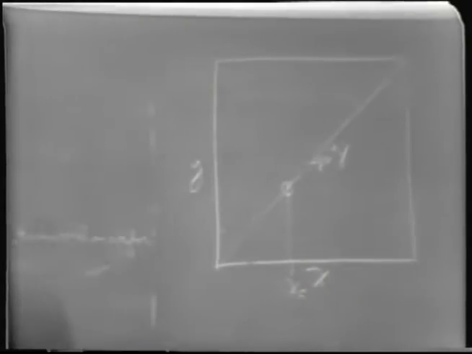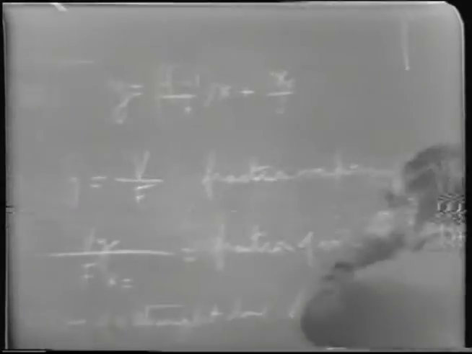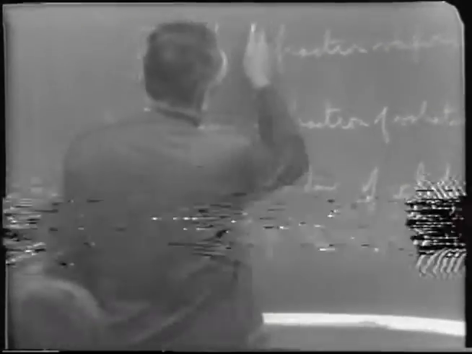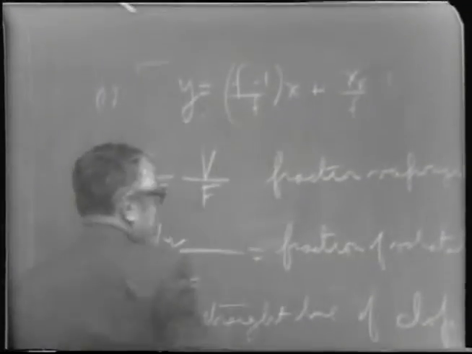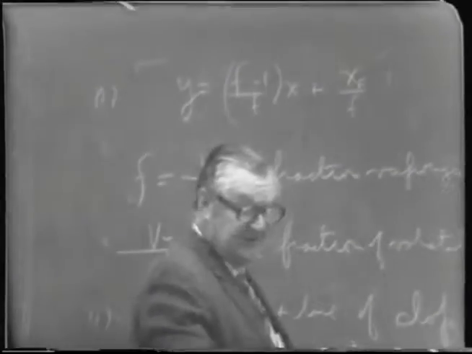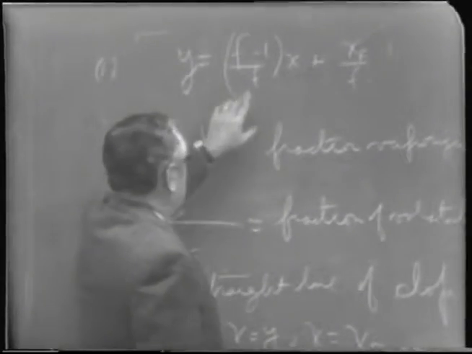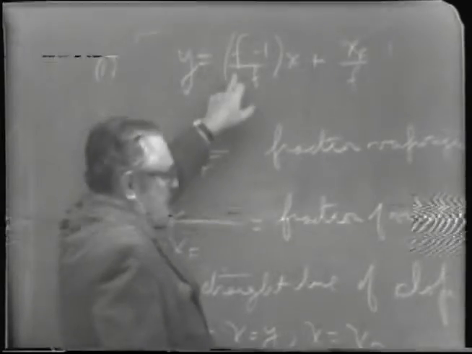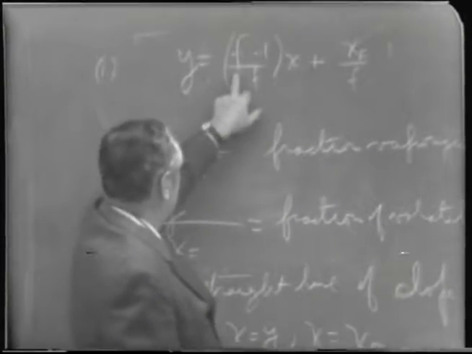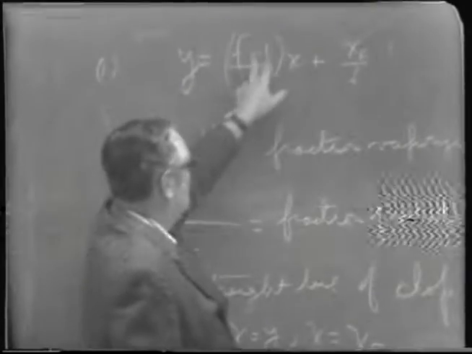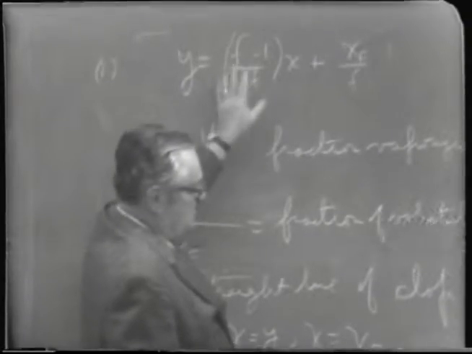And it can be readily seen that for reasonable values of the fraction vaporized, which can only vary between 0 and 1, the slope is negative. For example, if the fraction vaporized is 5/10 or a half, the slope would be 5/10 minus 1 divided by 5/10, or minus 5/10 over 5/10, or minus 1.